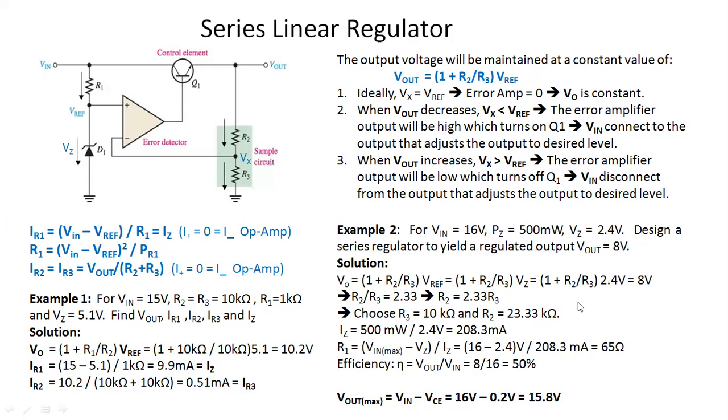If you write that equation, you will get R2 upon R3. So you can write R2 in the form of R3. If we choose R3 as 10 kilo ohm, you will get R2 as 23.33 kilo ohm. And if we put R2 equal to 10 kilo ohm, then R3 will be 23.33 kilo ohm. We can solve by that equation.